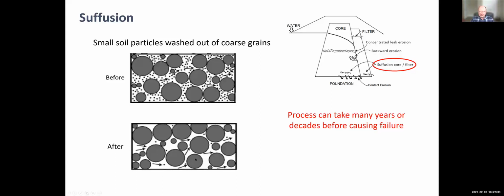And in doing so, you're actually creating the voids, increasing the void ratio in the remaining soil, and more water will want to flow through there. And before you know it, maybe even the bigger particles start to be carried along. So we have to be aware of that as another mechanism. Again, the process could take a long time to gradually develop, and then it'll accelerate as it leads up to a breach of the dam.